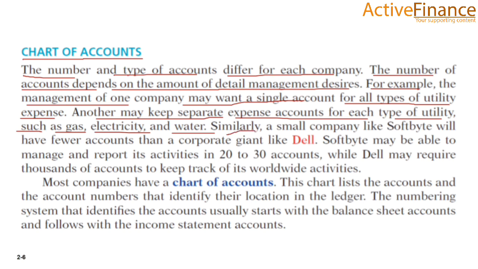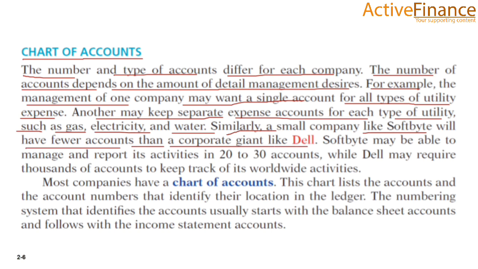Similarly, a small company like SoftBite, the example we have been taking since the last chapter, will have fewer accounts because it is smaller than a corporate giant like Dell.